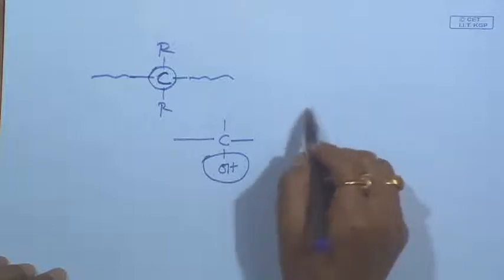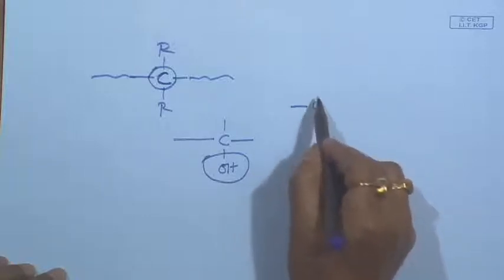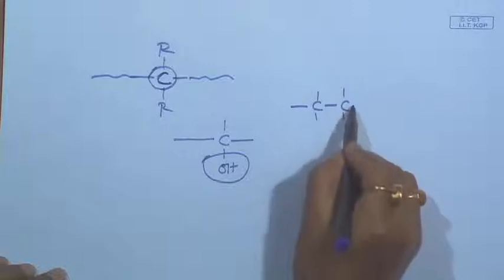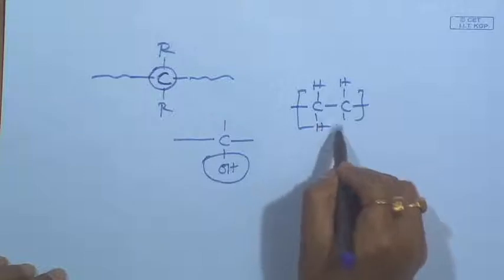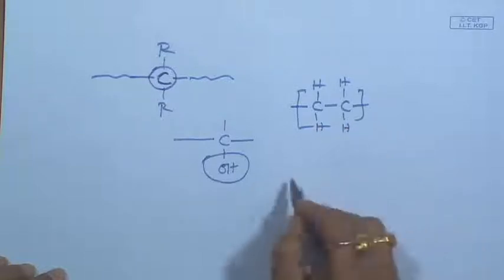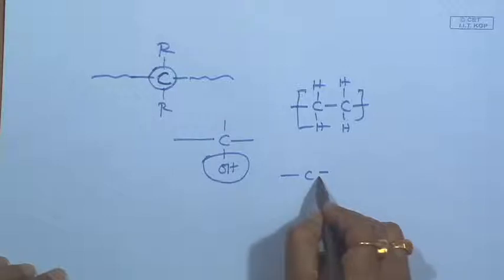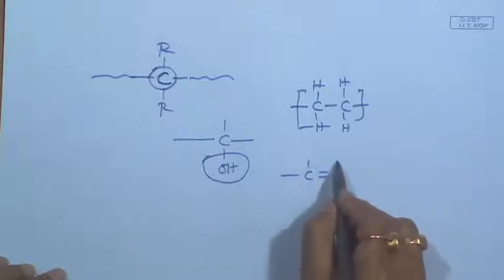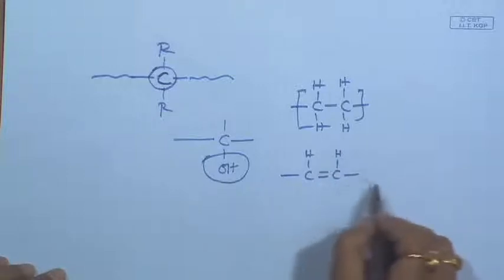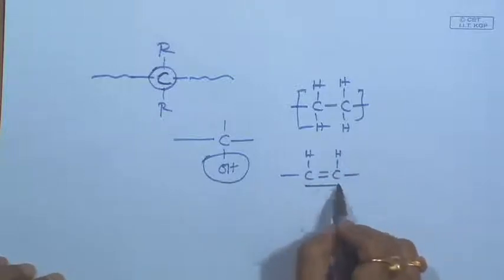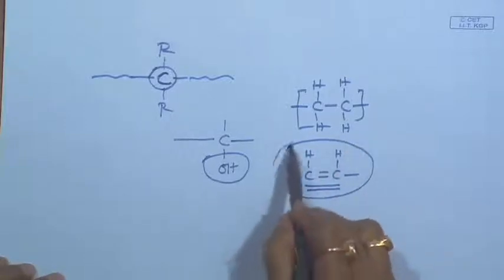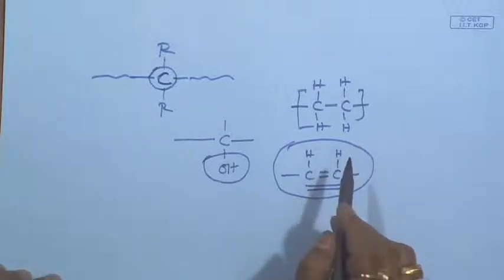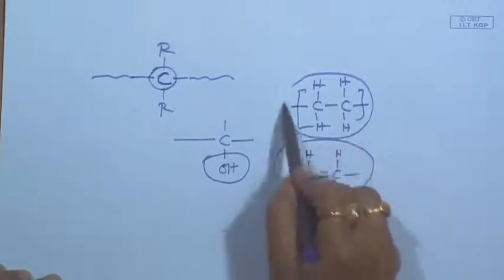That is why polyethylene, having this saturated backbone chain like this, is not degradable, whereas if a polymer chain contains unsaturated bonds like this, and other groups are there, so if such type of bond is present in the polymer backbone chain, such a polymer will be degraded faster than polymers having the saturated structure.